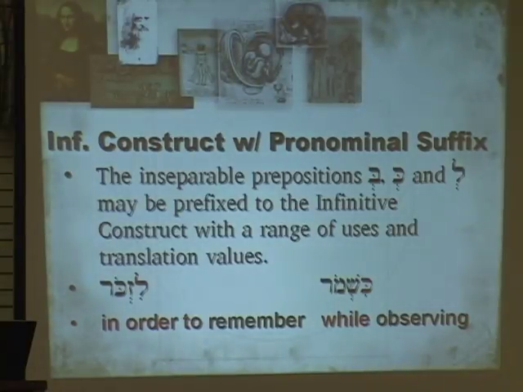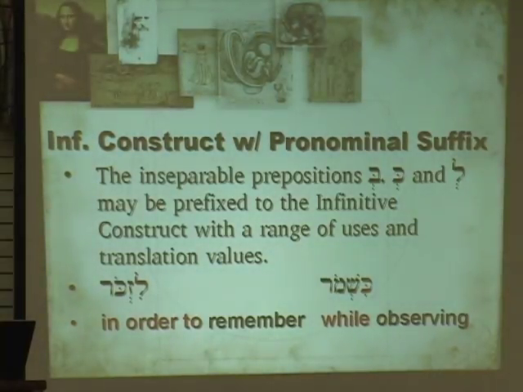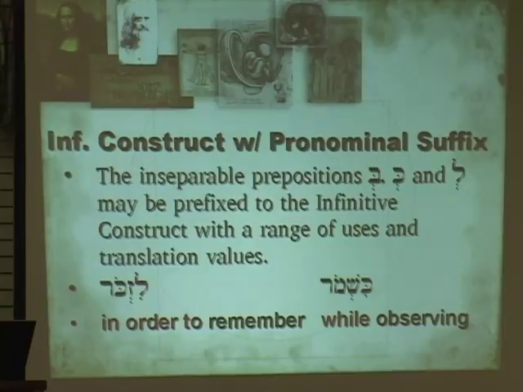And of course, if you add ke with shva in front of the shin, with shva it will be lengthened to hireq, and then we'll have kishmor, which will be translated not as observing, but while observing. And observing here is more of a participial form when we translate it into English than the infinitive form, but still grammatically it's an infinitive. Okay?